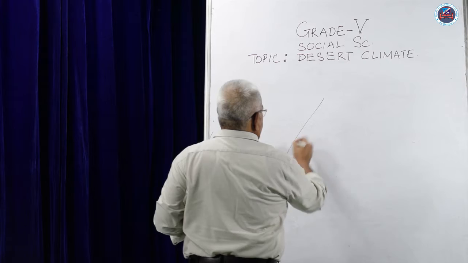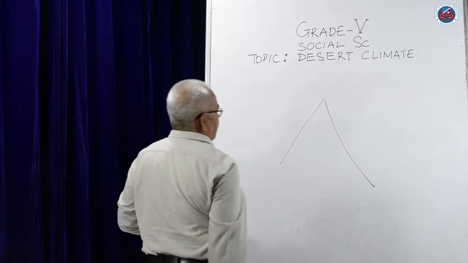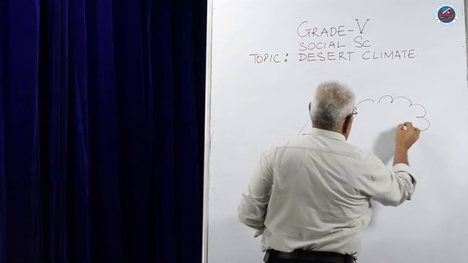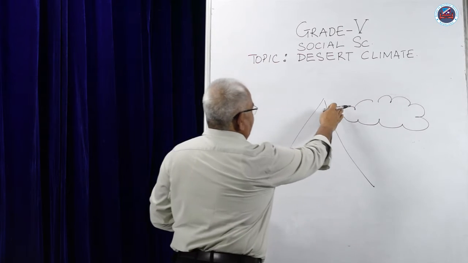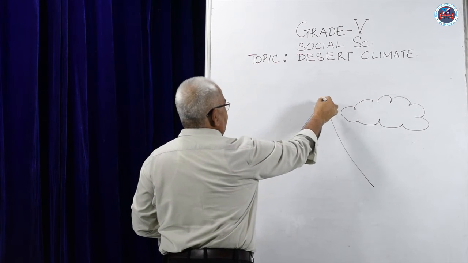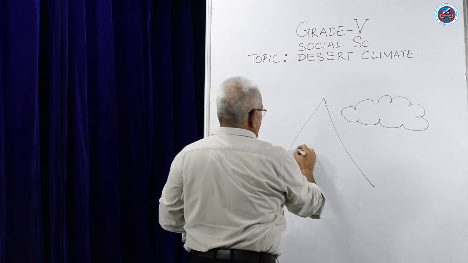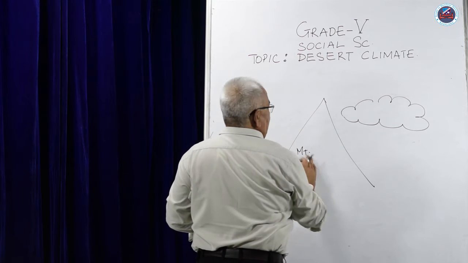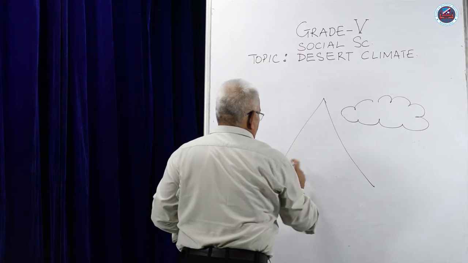Now, if this is the mountain and we have a rain cloud, the rain cloud cannot go on the other side of the mountain. Let's say that this is Mount Everest, or let us say the Himalayan range.